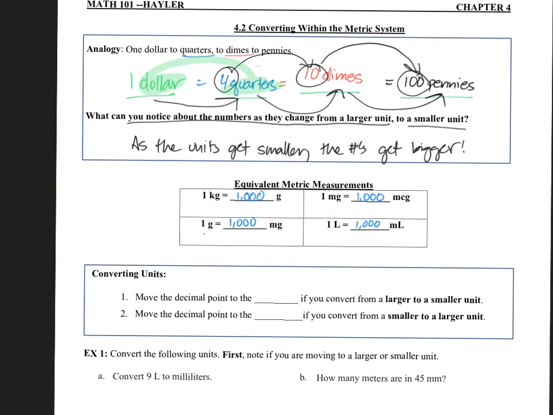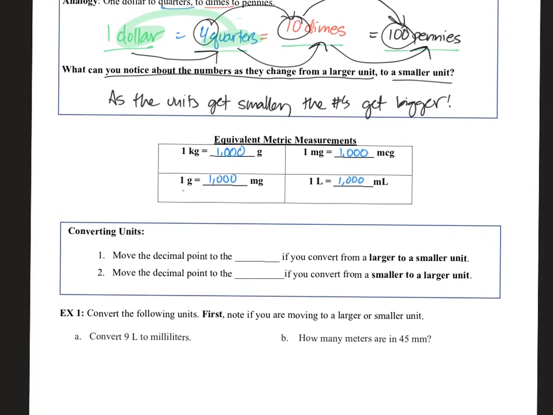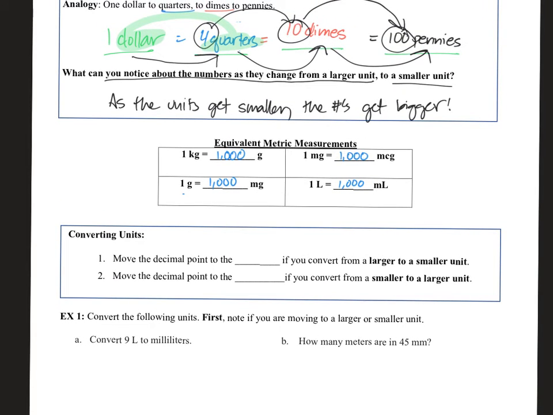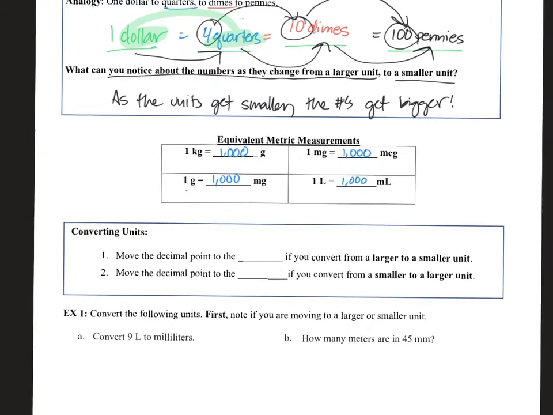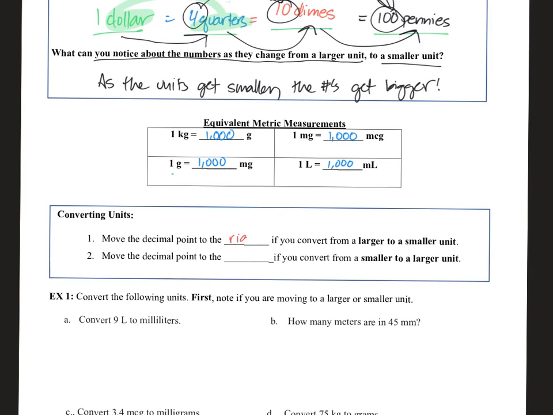So when we're converting units, think about the analogy we had up here with the dollars. For converting units, you're going to move the decimal point to the right if you convert from a larger to a smaller unit, okay? So the decimal should be moving to the right.